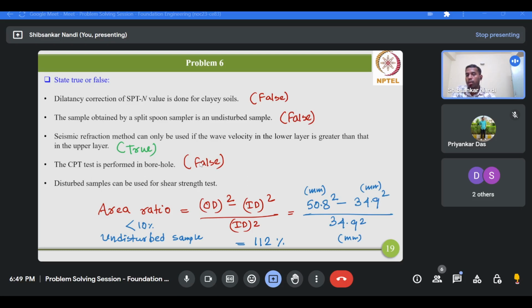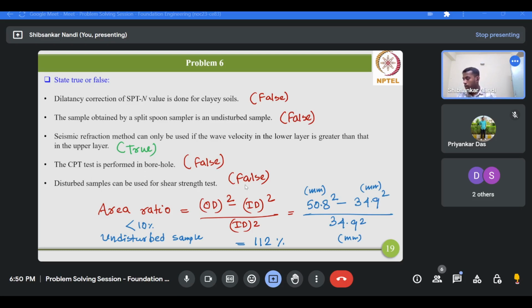For determining the shear strength parameters, which kind of samples do you need to use, disturbed or undisturbed? Undisturbed samples are needed for obtaining the shear strength parameters, so this is also false. In this way, we have answered all the statements in this problem.